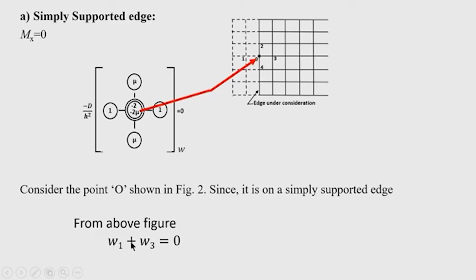That means W 1, which falls outside the plate boundary, is now expressed in terms of the displacement of the image point. The image point is 3, which is a real point in the plate domain, and therefore W 1 equal to minus W 3. In this way the simply supported boundary condition is expressed.